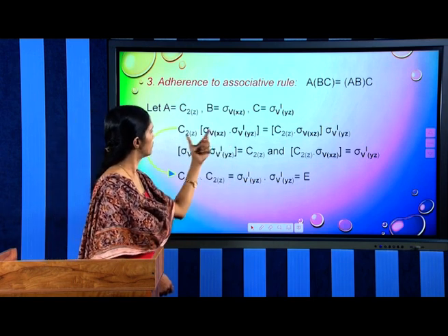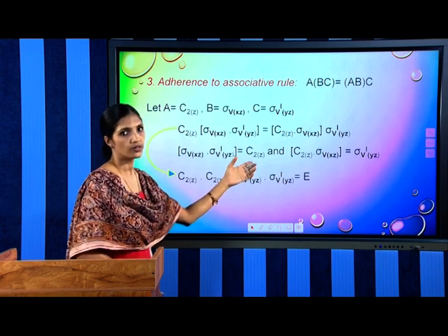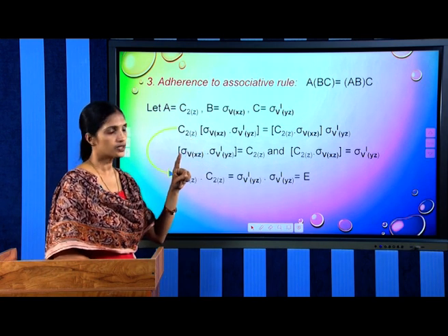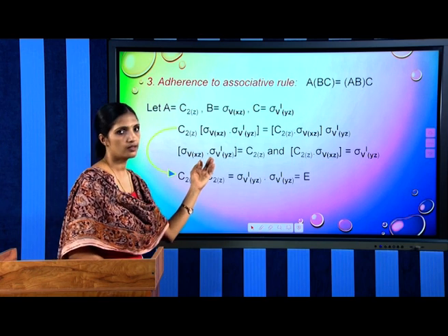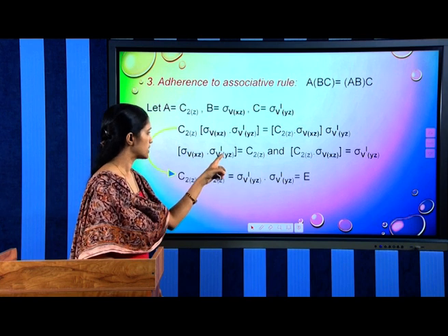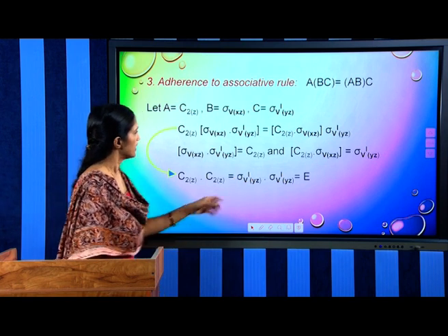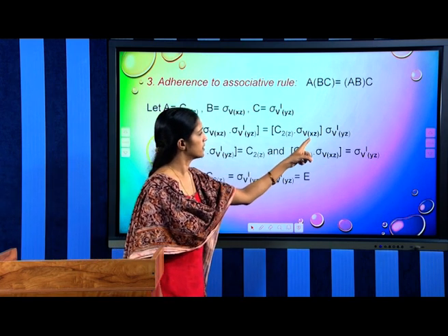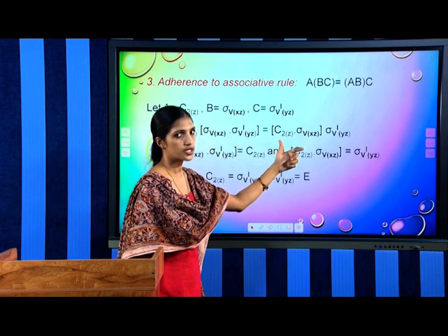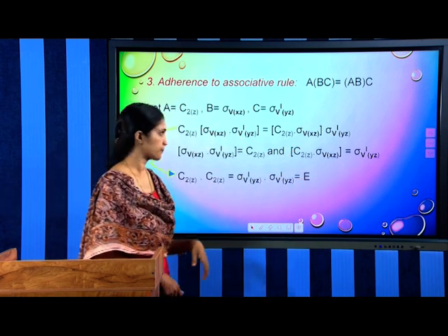So, the result of sigma v x z into sigma v dash y z will be C2z only, because there are only 4 operations and one is the identity operation and these 3 operations are available. So, sigma v x z into sigma v dash y z will be the other operation, that is C2z, and here also C2z into sigma v x z will be equal to the other operation in that group, that is sigma v dash yz.